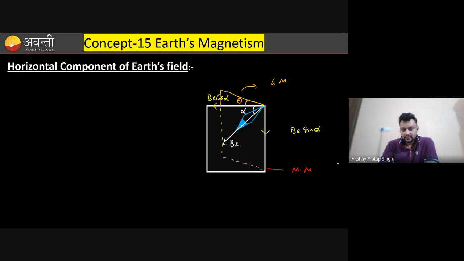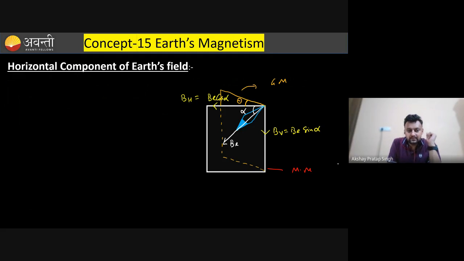Is it clear? Now you can again see that this BE cos alpha is horizontal. So that's why it is named the magnetic field in the horizontal direction, or horizontal component BH, and this is known as the vertical component BV. Clear? I hope all these statements are clear.